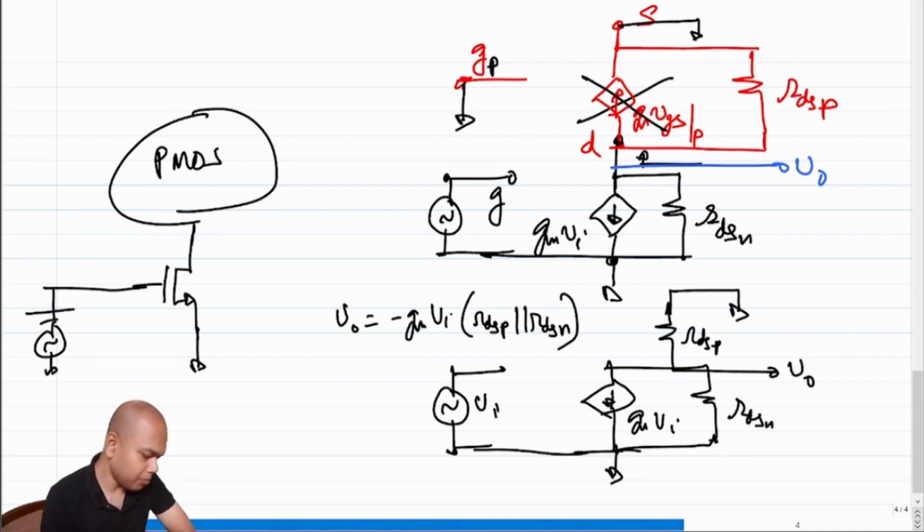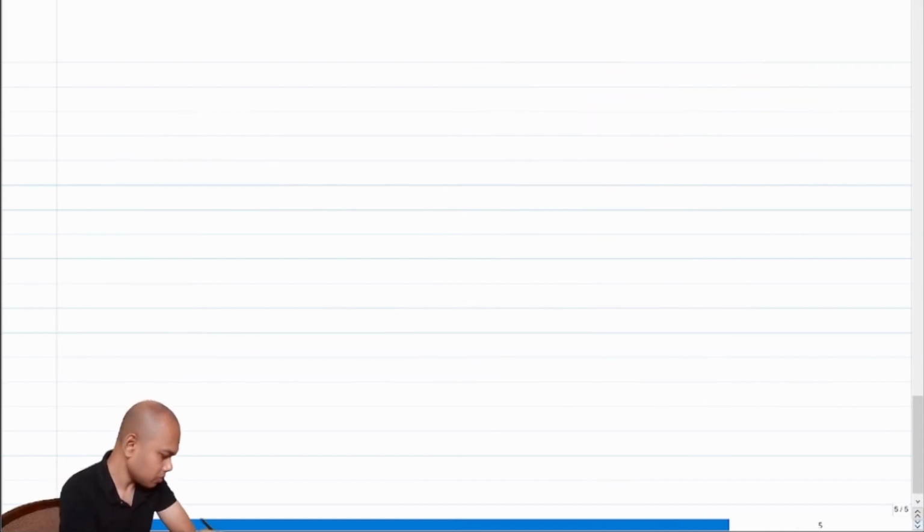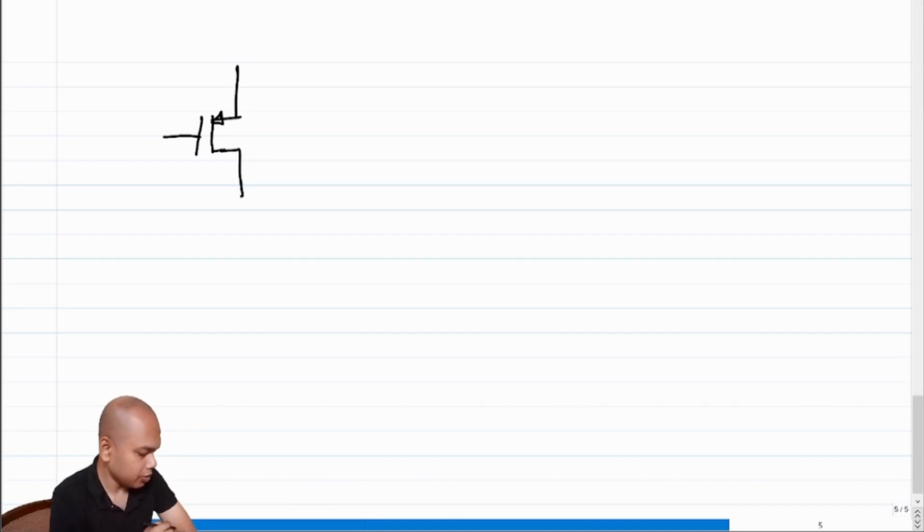So let's break the problem into multiple parts. Let's say that I have a p-Mos transistor and I would want to bias it in saturation.